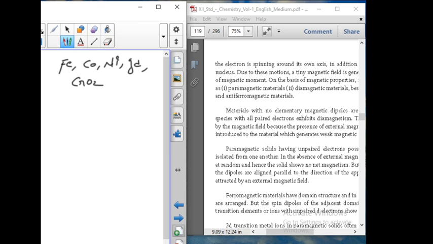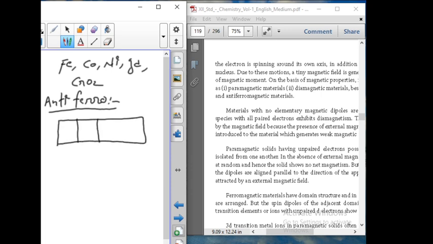Antiferromagnetic substances work similarly. As the name itself says, antiferro means the domains behave differently when you apply the external magnetic field. For example, take a d block element containing 4 unpaired electrons: 1, 2, 3, 4. In a ferromagnetic substance, all the domains are in the same direction.